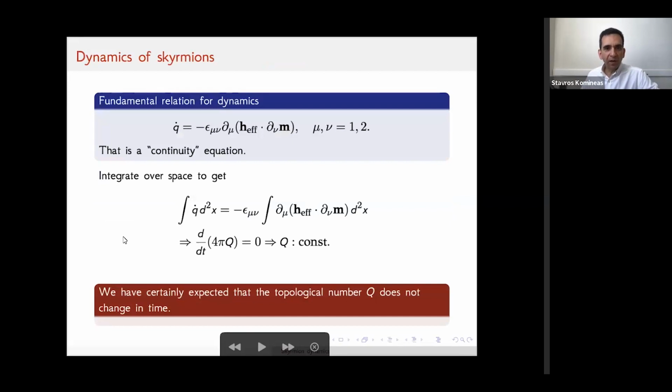Now, the previous calculations that I showed are heuristic and they are not so precise. I might be wrong, but they can be made more precise.